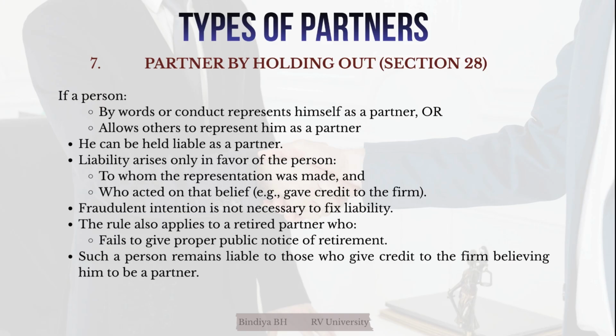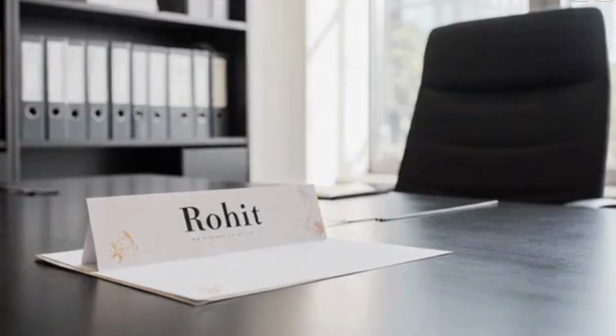Okay, so the next type of partner is a partner by estoppel, also called a partner by holding out. Now, who are such partners? Such partners are actually not even partners. They only create the impression of being one and they are held liable to the outsiders. Now let's understand this with an example. Rohit allows his name on the firm's letterhead.